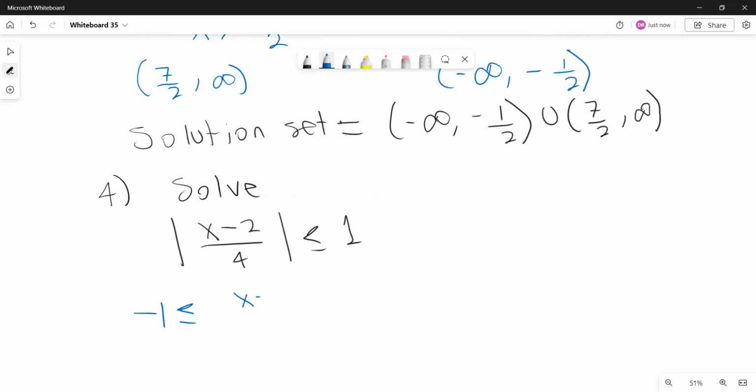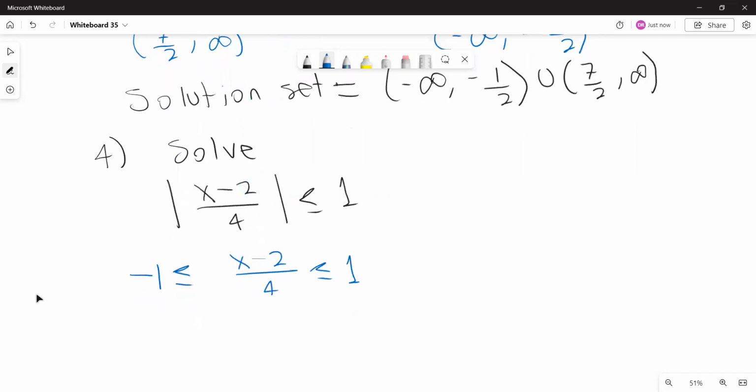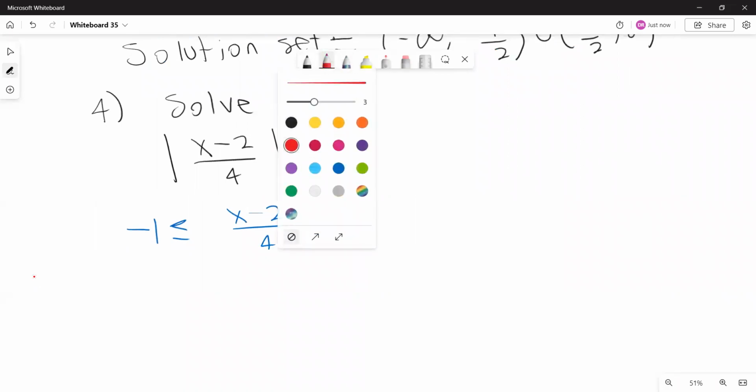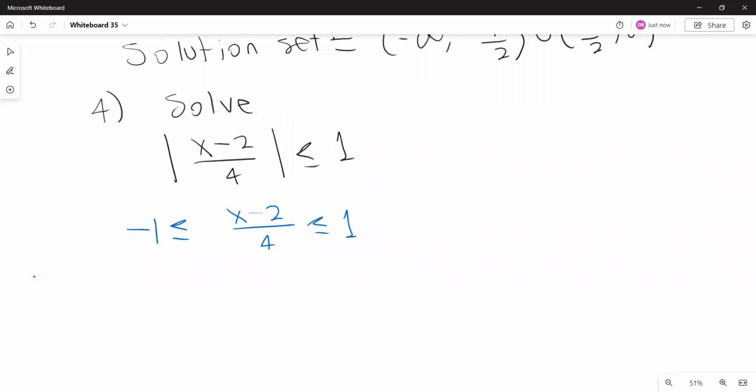Negative 1 is less than or equal to (x minus 2) over 4, less than or equal to 1. Let's multiply all three parts by 4 so we can isolate x in the middle.